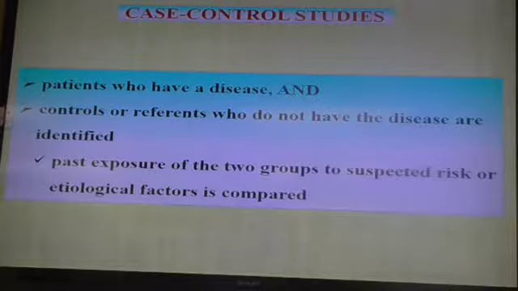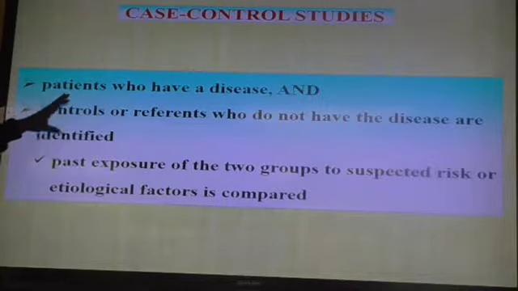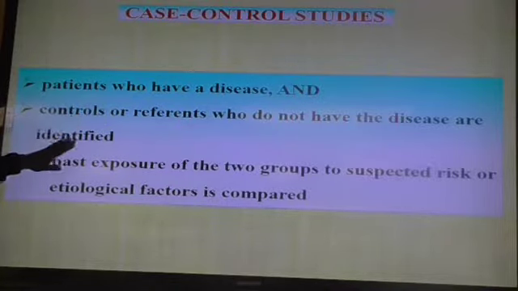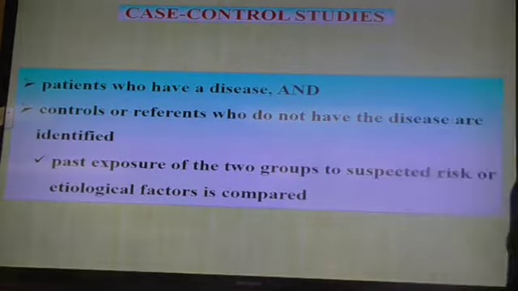So this is a complete reversal of what we know in cohort, where you go from what? From exposure to the outcome. In this case, we first identify those with disease and those without disease. And what we are comparing is what? Exposure level in these 2 groups.